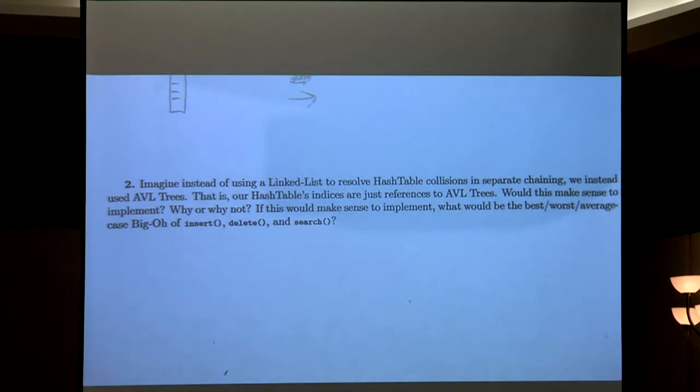So if we go with a sorted linked list, how does that compare to an AVL tree for hashing? AVL tree would still be better. Yeah, in worst case, definitely, because it's log n. Let's think about best case, then.